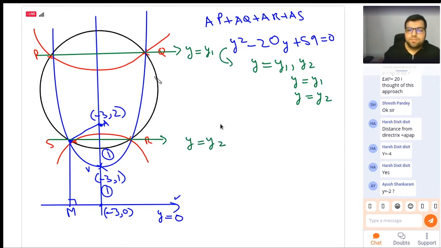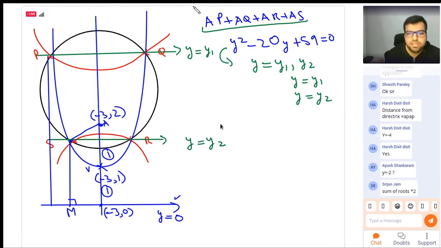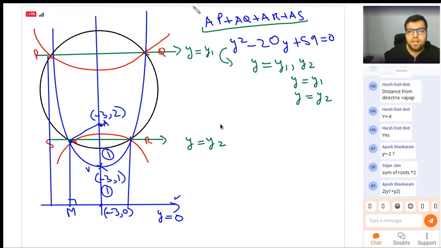Now, what I wanted to find was AP plus AQ plus AR plus AS, so the distances of the 4 points from the focus. Instead, I'm focusing on the distances of these points from the directrix. So see, this will be the other distance, this will be this distance, and this will be the last distance.